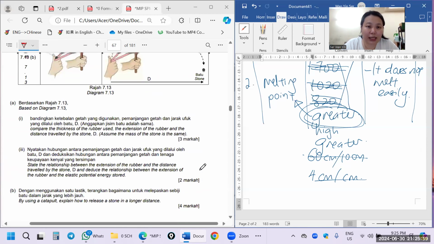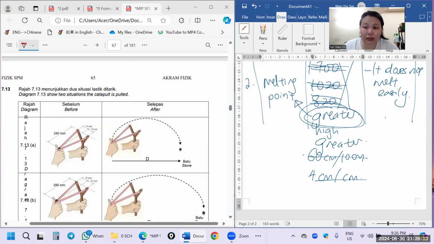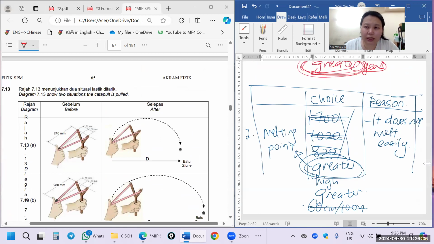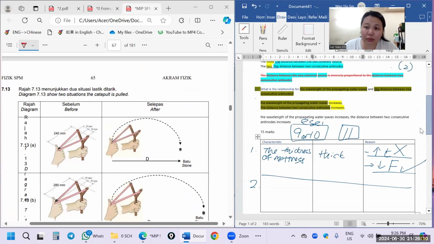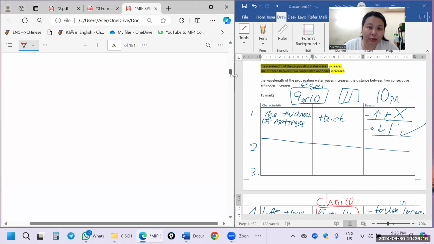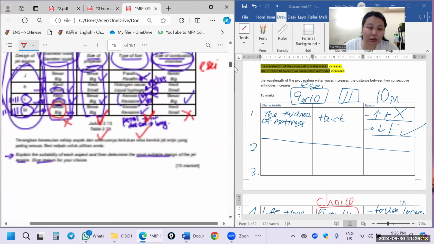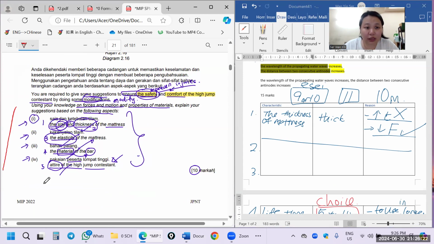Now see, compare relationship. Okay, so I think that's all I want to tell you. Compare relationship, 10 mark question. Sometimes they will ask about modification. For example, this is modification.